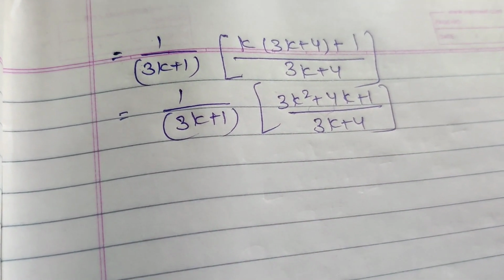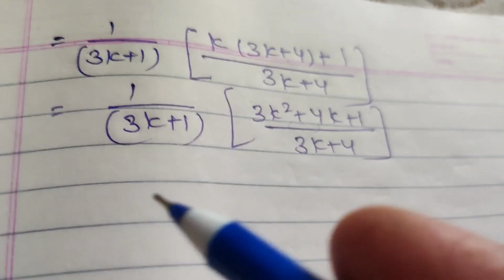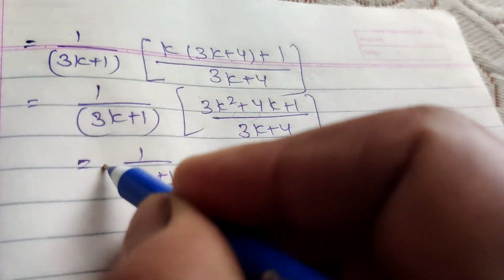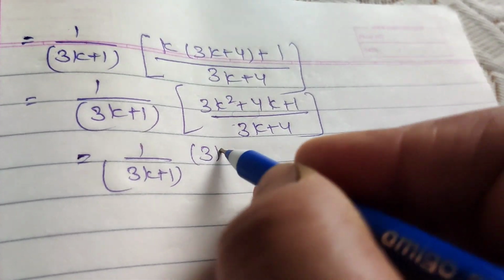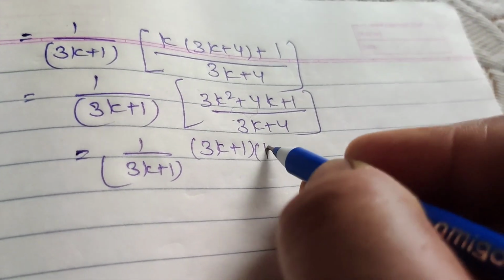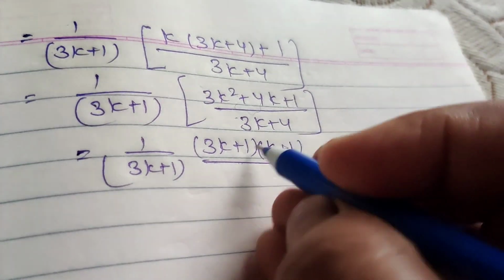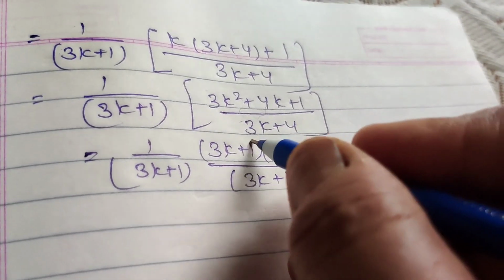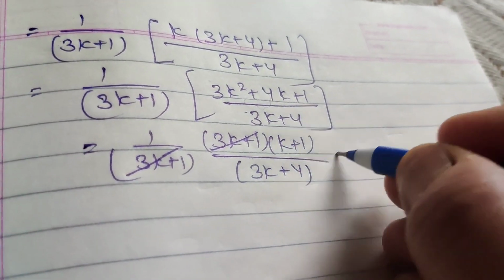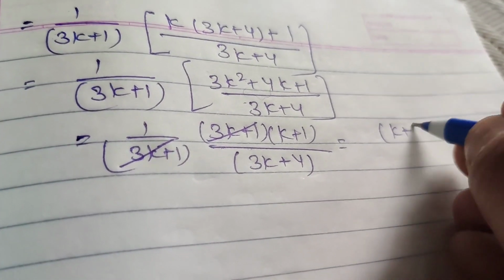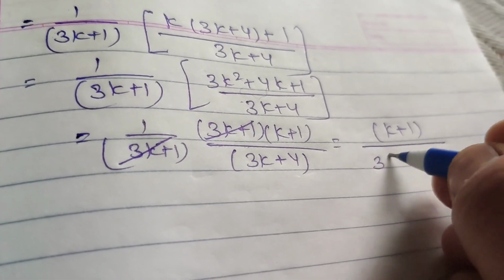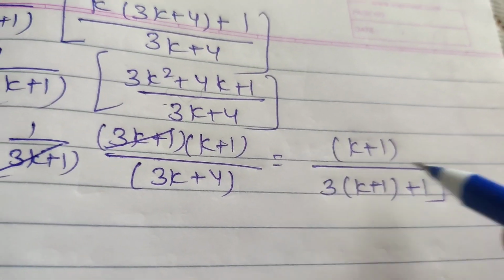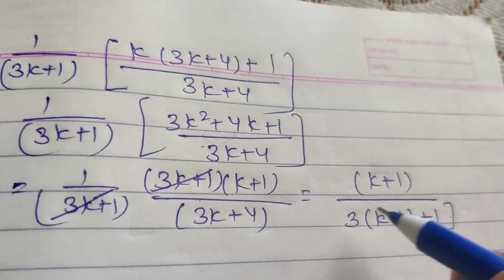Now factorize this, and we get 3k plus 1 and k plus 1. Now cancel. We can write k plus 1, and 3 times k plus 1 plus 1 you can write as 3k plus 4.